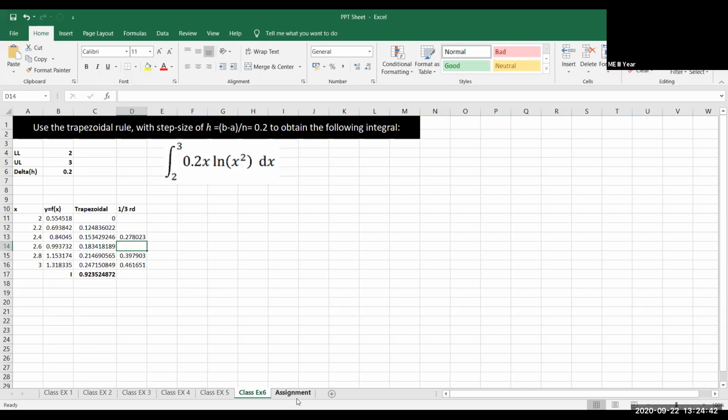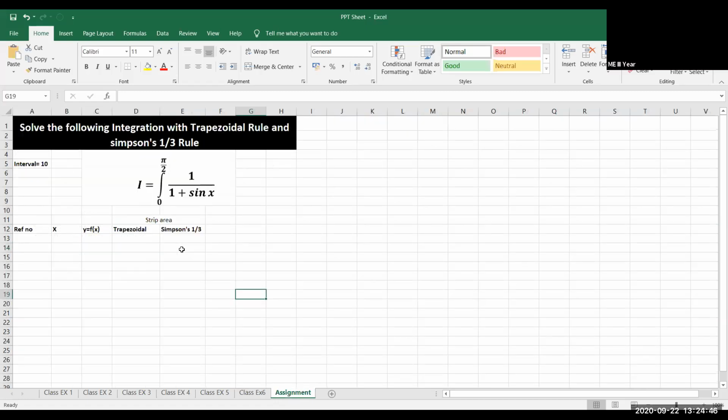After that, there is an assignment. I will give 2 assignments, and one more will be given. The function is 1 by 1 plus sin x, the limits are 0 to pi by 2, and the interval value is given. First you have to find the h value.